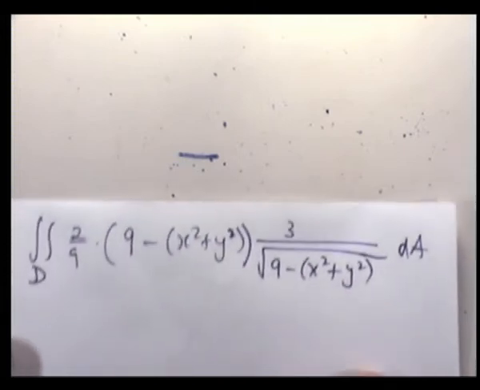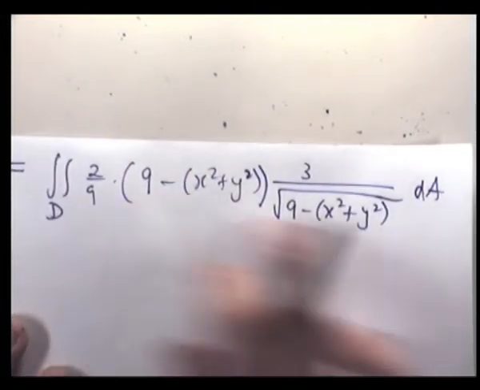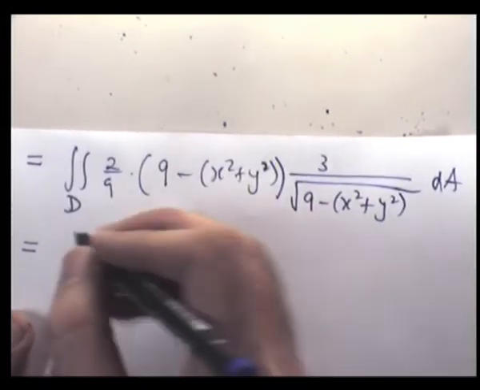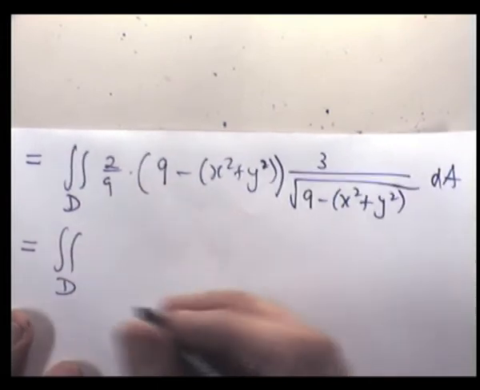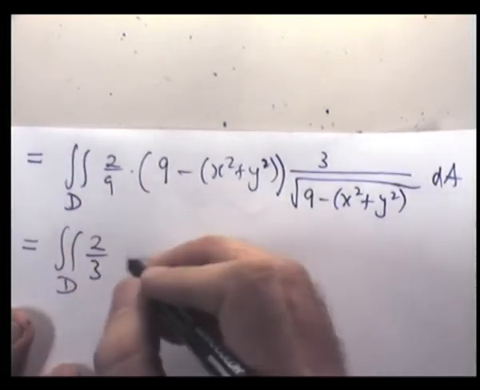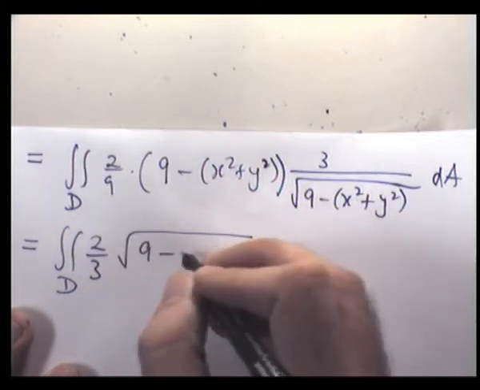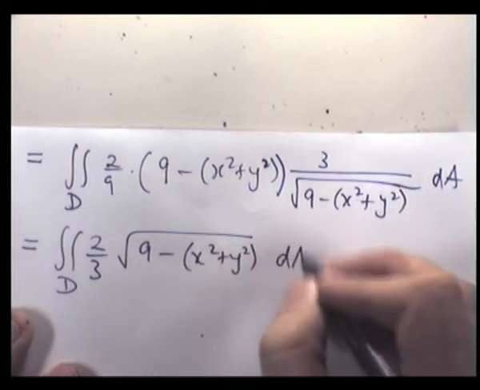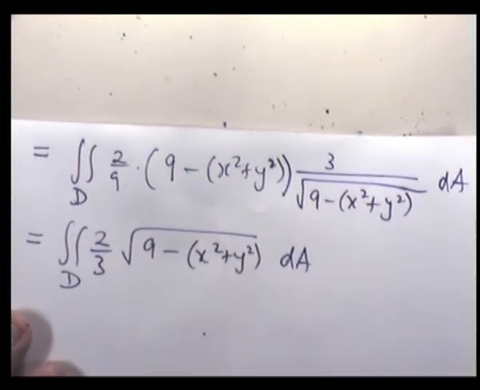You can see now we're going to get some nice cancellation going on. So what are you going to get? We're going to get something like 2/3 times the root of 9 minus x squared plus y squared.